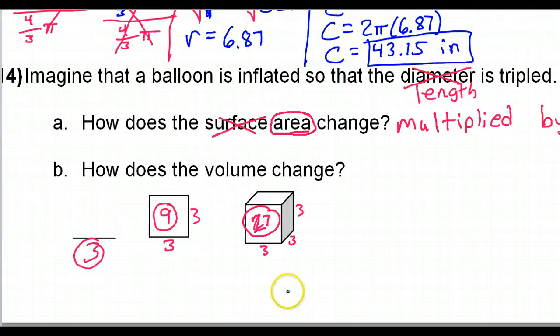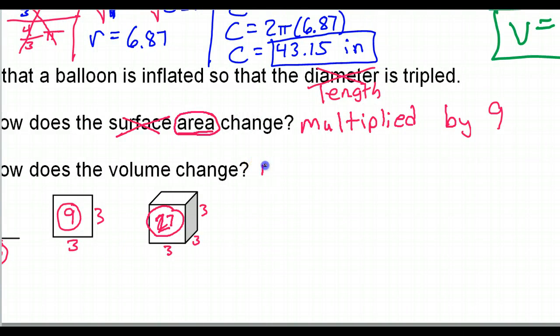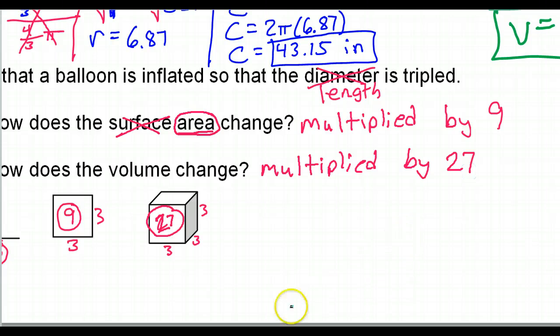In a similar way, how does the volume change? Well, remember, the volume was 1. Now it's 27. So we could say that the volume was multiplied by 27.